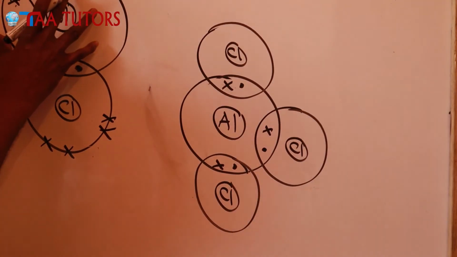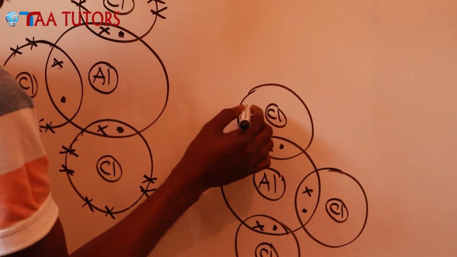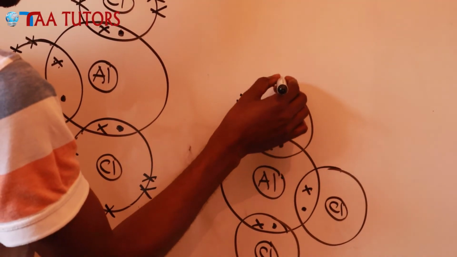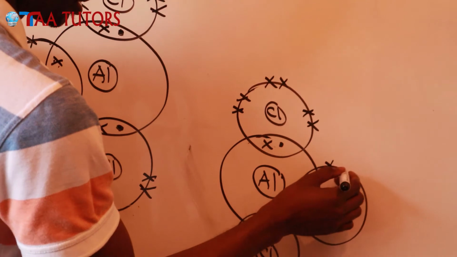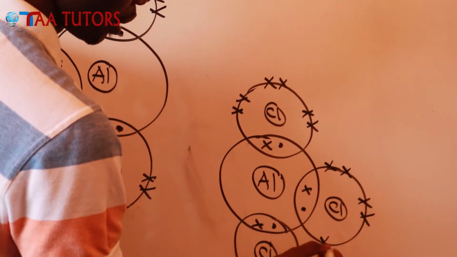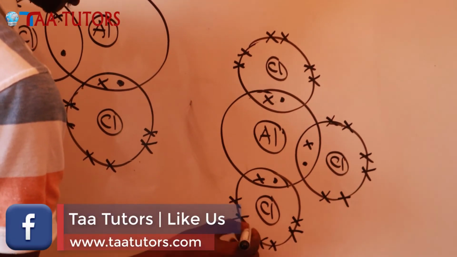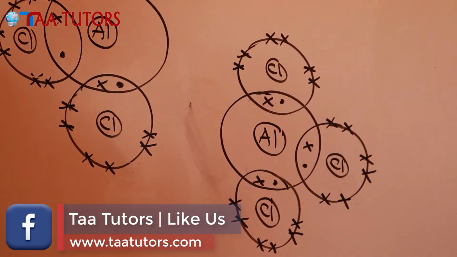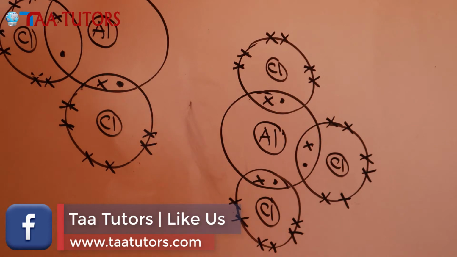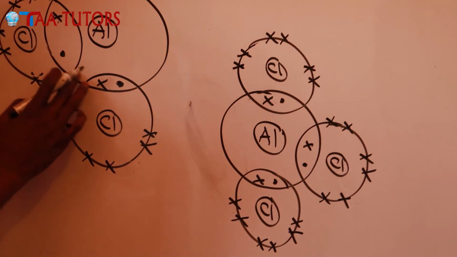I'm simply replicating this one so that I have the same molecule, 2 of them. Here I have 2 molecules of aluminum chloride, but there is a problem. Like I've said, the aluminum here is not stable.